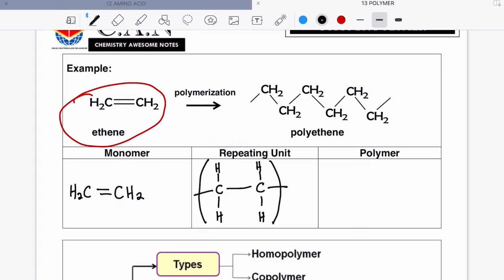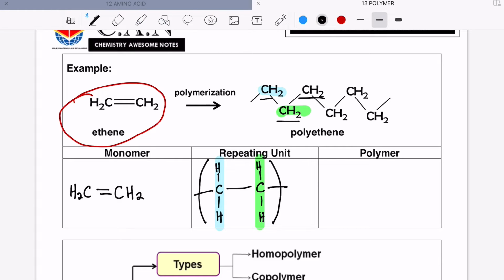This repeating unit means the unit that will repeat and repeat in the polymer. So our polymer, as you can see here, is CH2, CH2, CH2. Then it repeats again, CH2. So this is what we call the repeating unit.